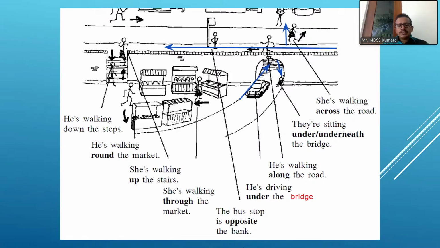The bus stop is opposite the bank. Now this one is the bank. The bus stop is opposite the bank on the other side of the road. So there's a road here.